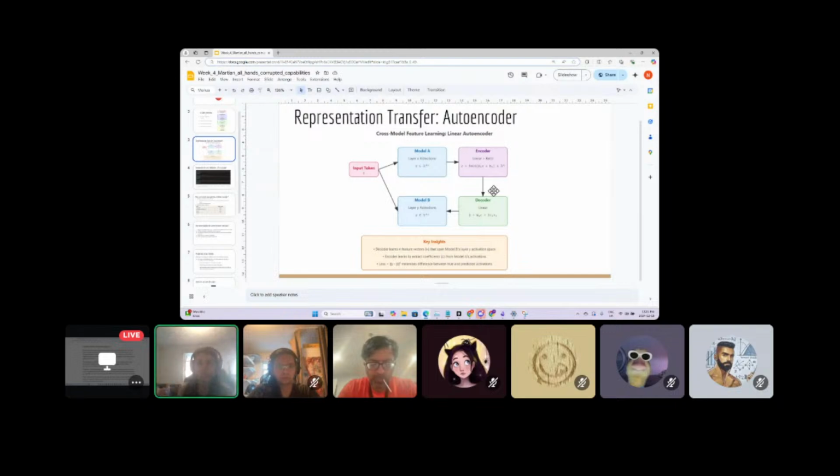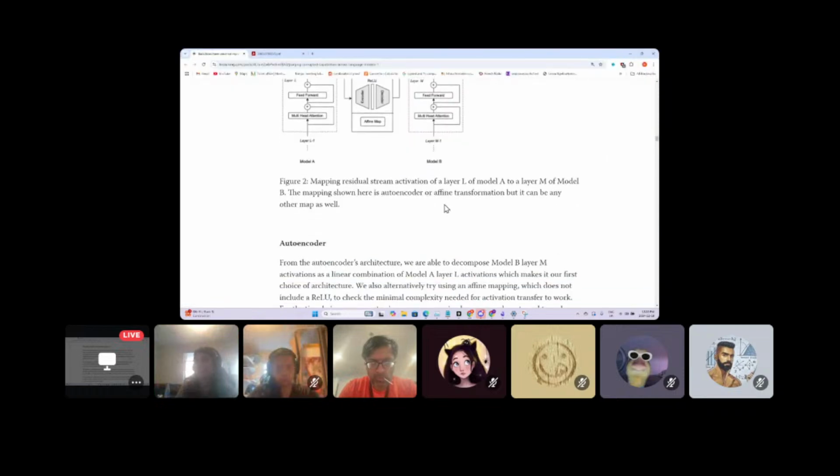It's very simple because the only loss that we backpropagate on is the MSE. So, y minus y prime: what the autoencoder predicts versus the target model's activations. Just a summary: we're learning model B's activations from model A's activation on each token of a prompt, basically.